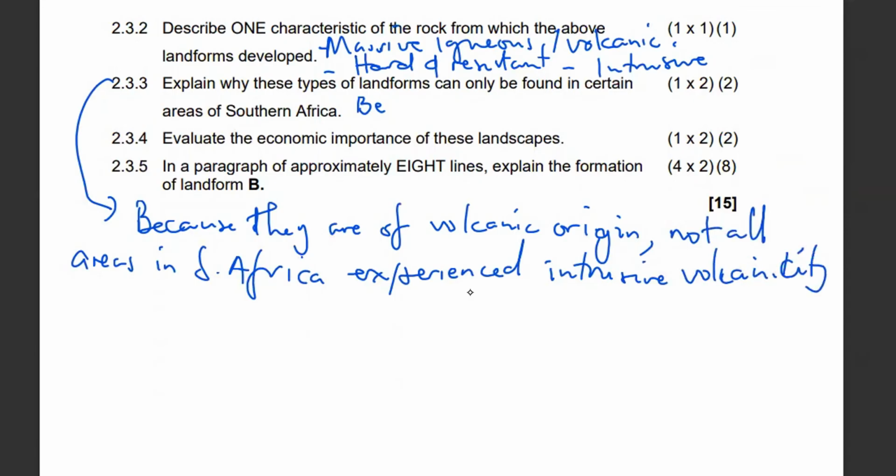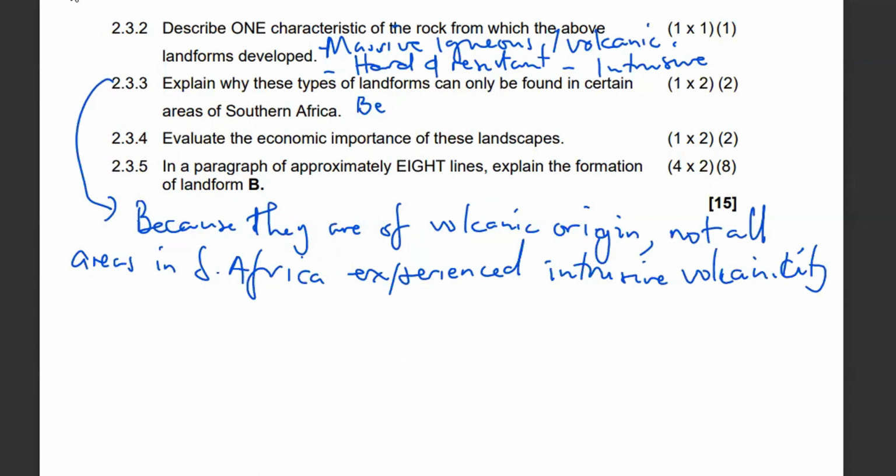Because these rocks come from volcanic activity, they can only be found in certain areas that were exposed to volcanicity, and in that matter, it was intrusive. So in areas where there was no volcanic activity, we don't expect to find those landforms. There's no justification for their existence in those areas.